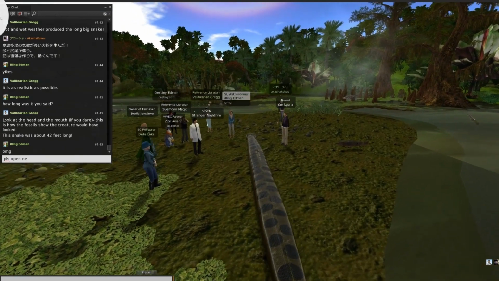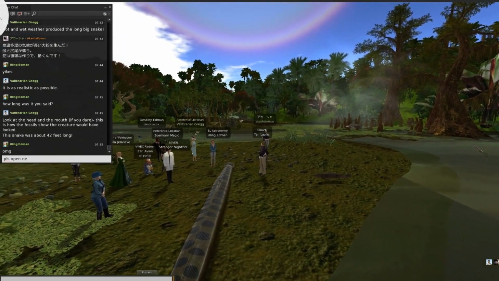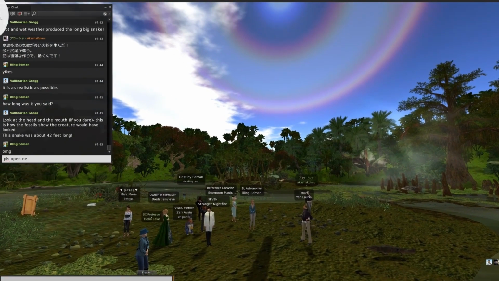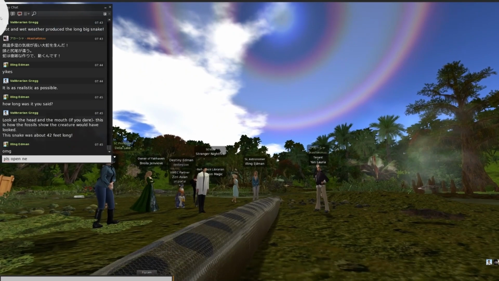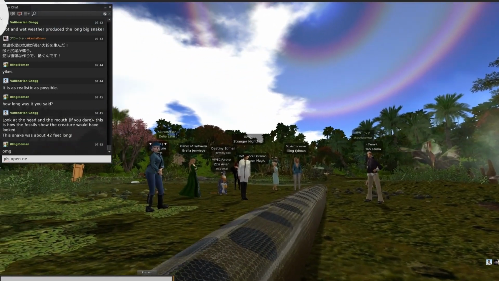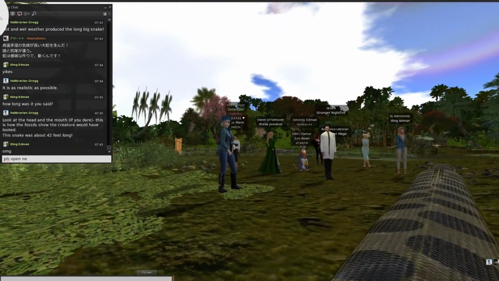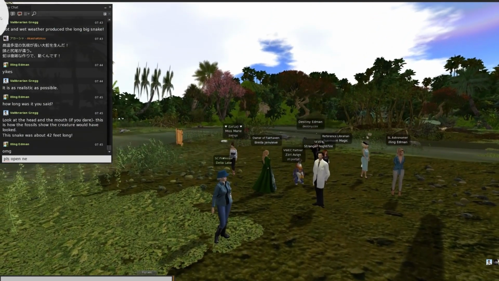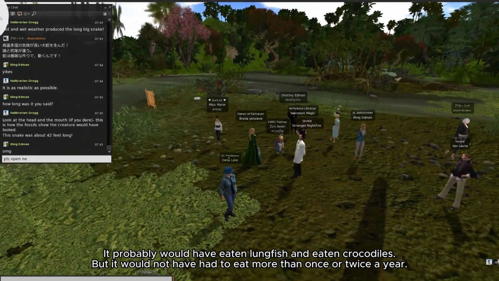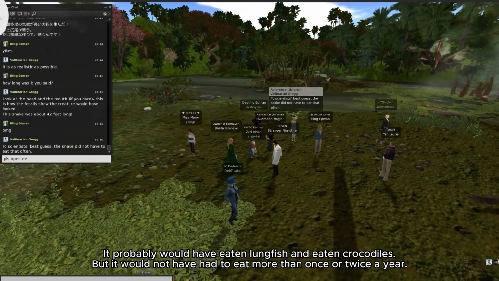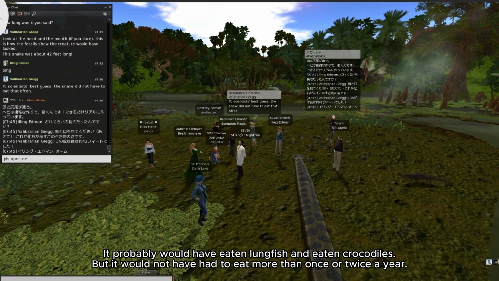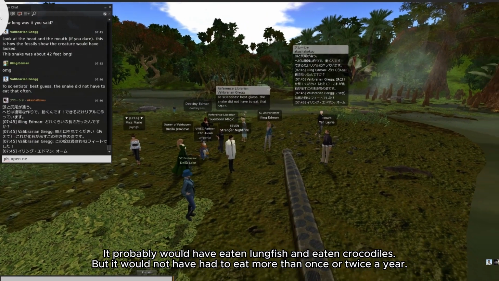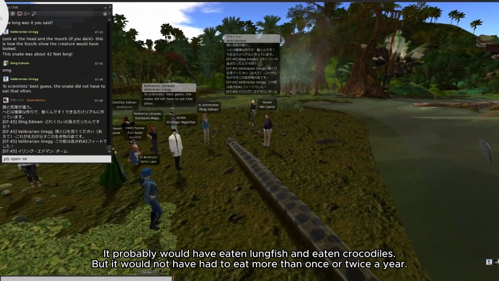But to the best that the scientists can figure, snakes like this did not have to eat that often. So it probably would have eaten lungfish. It probably would have eaten crocodiles. But it would not have had to eat more than once or twice a year, which is another rather strange thing for us to think about.